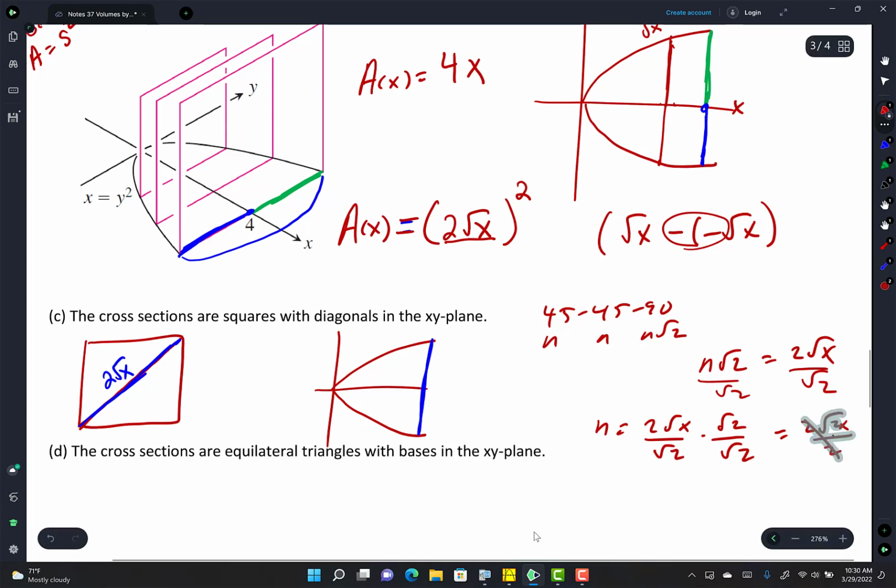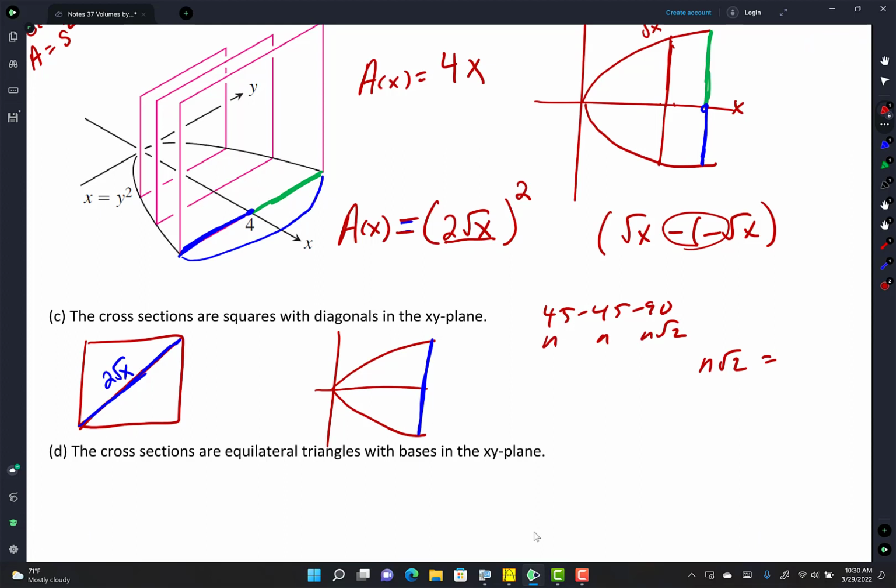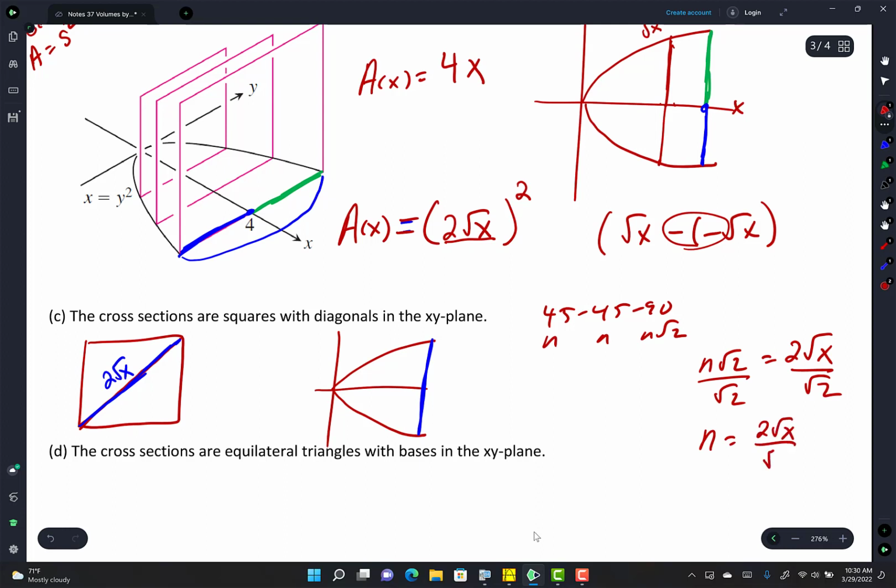Okay, I'll start again. Maybe I messed up. That's fine. So we know n square root of 2 equals 2 square root of x. Yes or no? Yes. Okay, I want to get n by itself. I divided by square root of 2, divided by square root of 2. So n equals 2 square root of x over square root of 2.